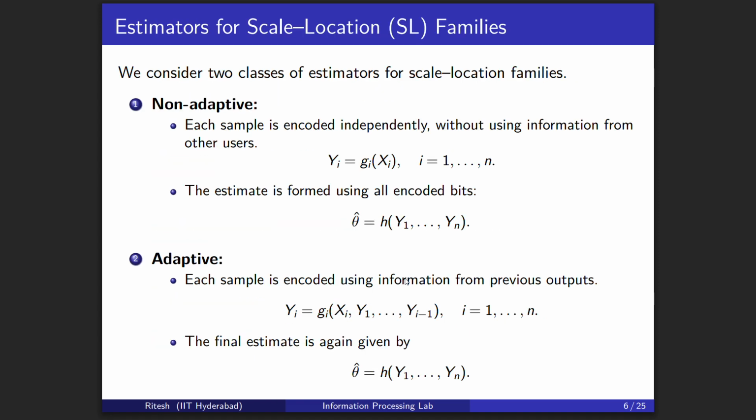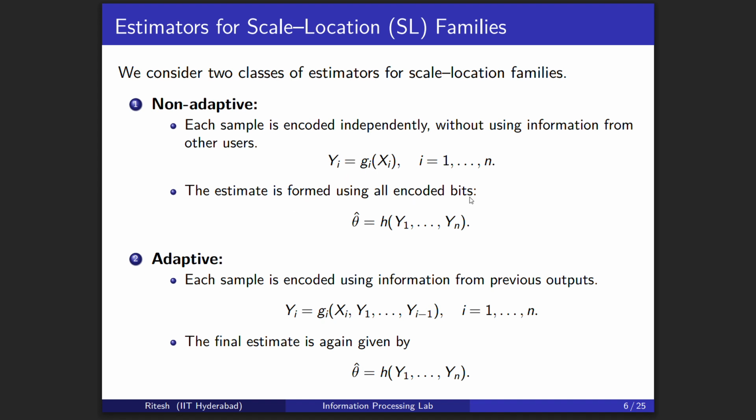So now I will talk about the estimators for a scale-location family that we have used in our work. We consider two classes of estimators for scale-location families. First, non-adaptive, where each sample is encoded independently without using information from other users. So here Yi depends only on Xi, and the estimate is formed using all the encoded bits.